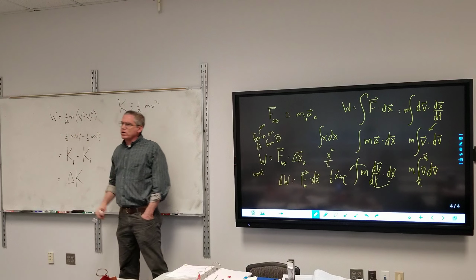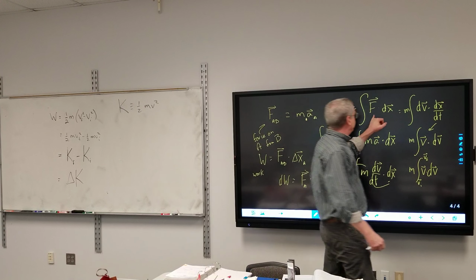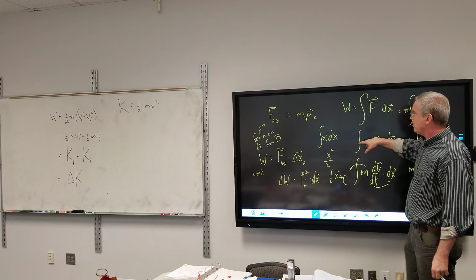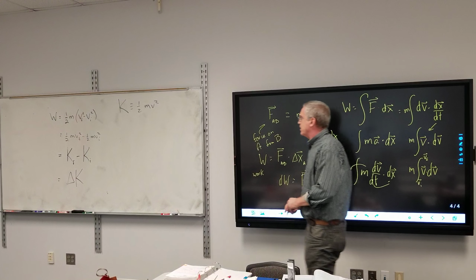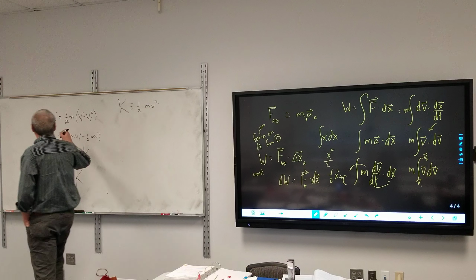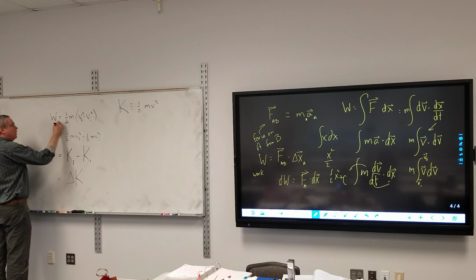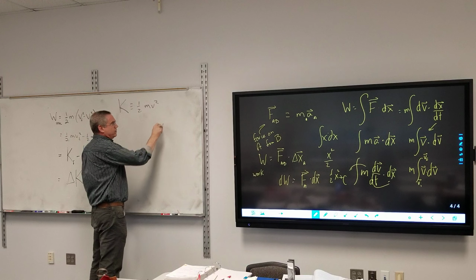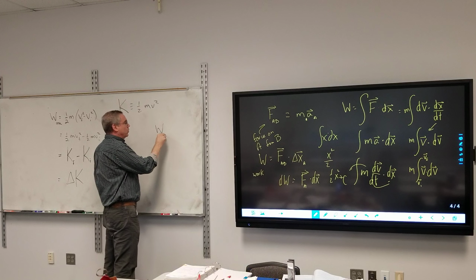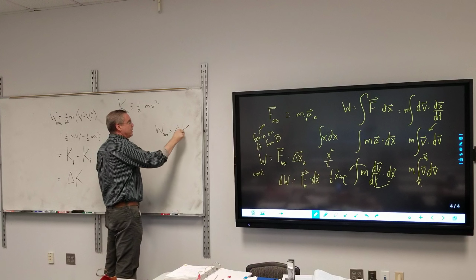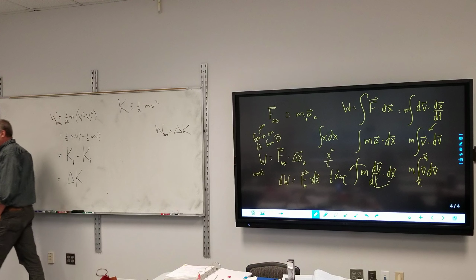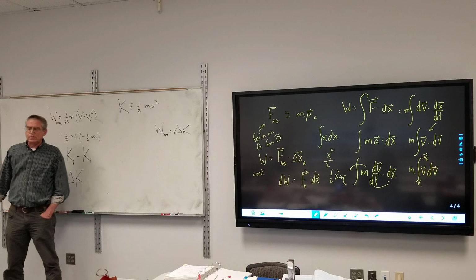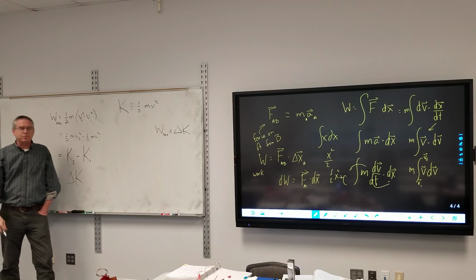Now recognize this work here is the work based upon this force, which we said is equal to ma, which means this is a total force. If F equals ma, that is the total force acting on the object, so this would be the total work. So we have this relationship, based on this definition and the definition of work, that the total work is equal to the change in K. I don't assign the names; this is the name that's been given to it.